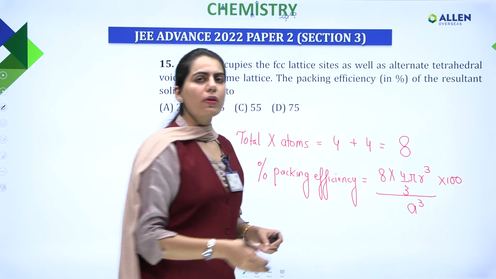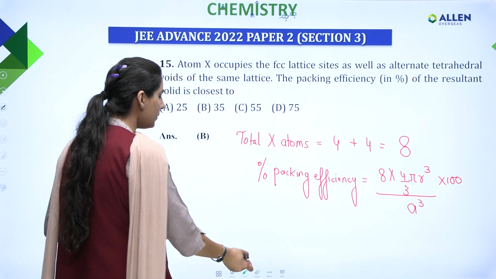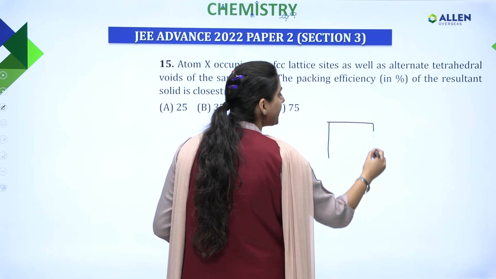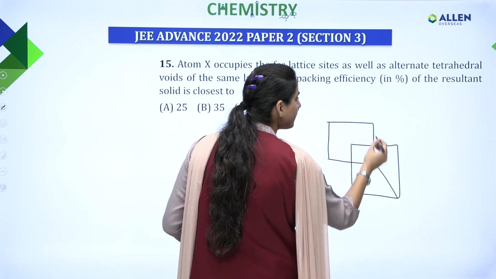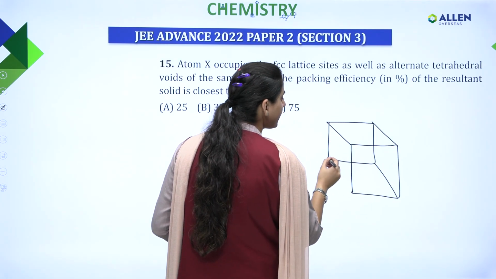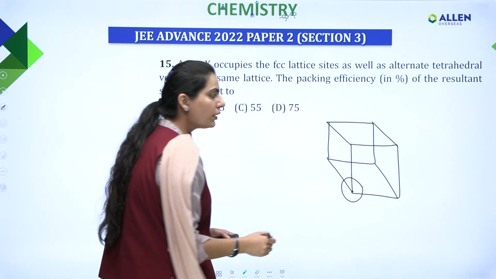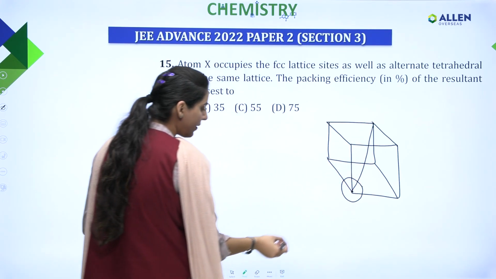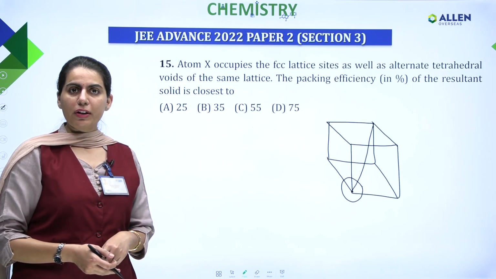Now before we solve this, we need to know a relation between a and r, and for that we'll keep in mind that if this is my particular cube, and we are having this X atom at the corner, then we know that in the body diagonals surely we have some of the X atoms sitting at alternate tetrahedral voids also.